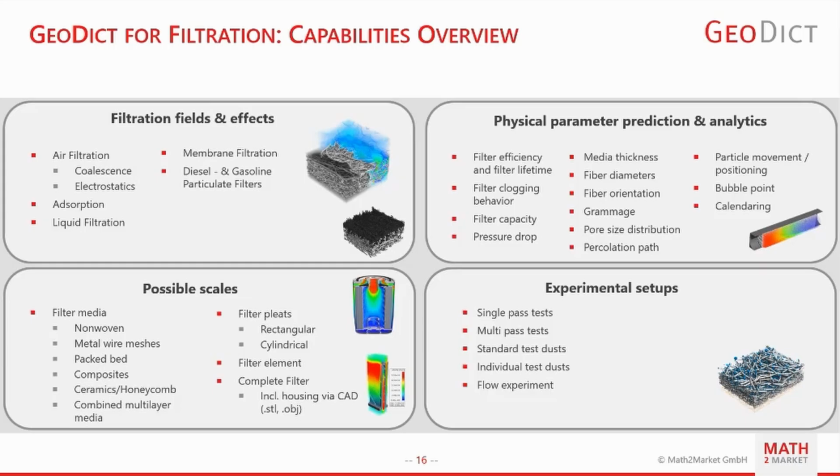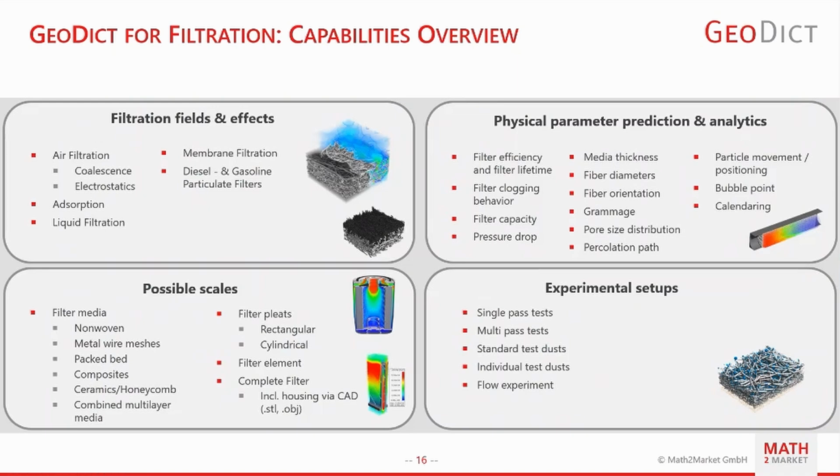The filter materials can be quite different as well: non-wovens, wire meshes, or ceramics, depending on the use case. Typically in GeoDict, we look at the microstructure of the materials and simulate on the filter media scale. But it's also possible to upscale the materials and simulate the complete filter, the filter element, or a pleat.